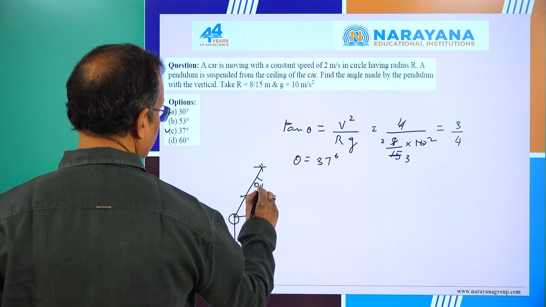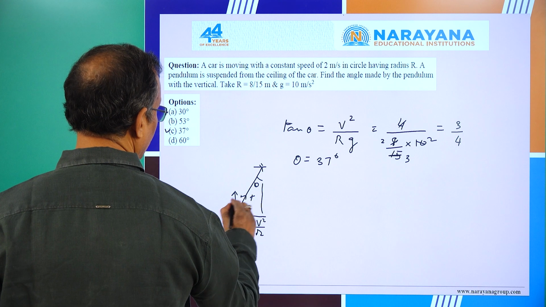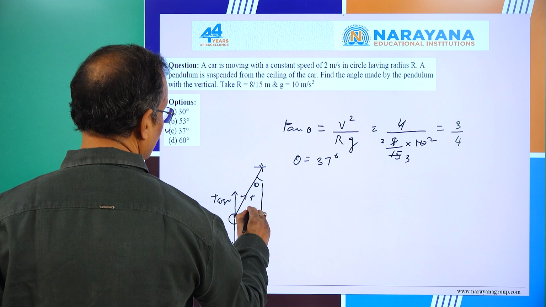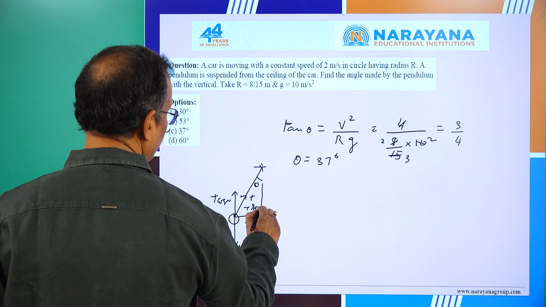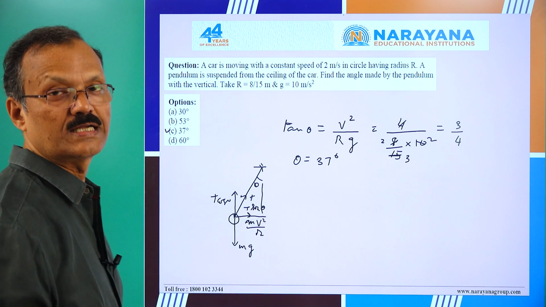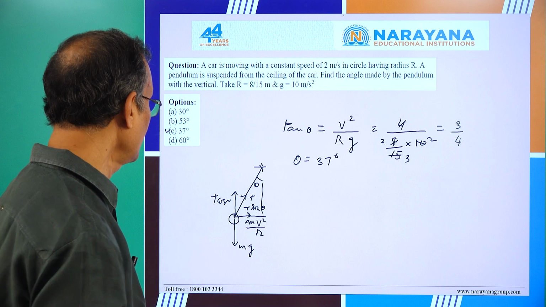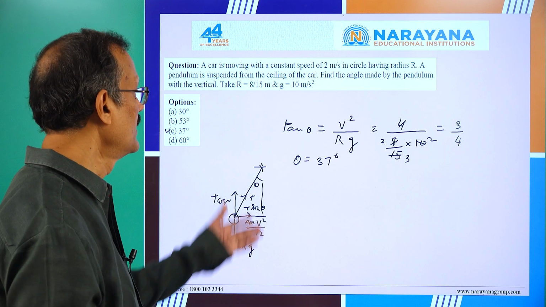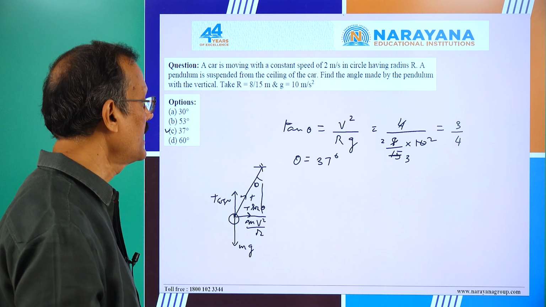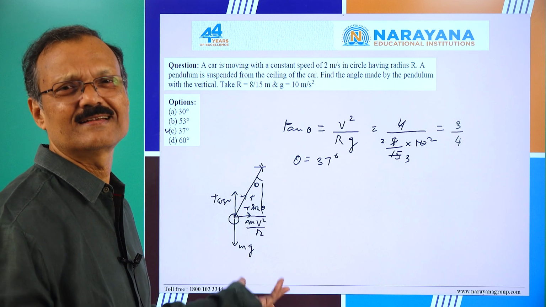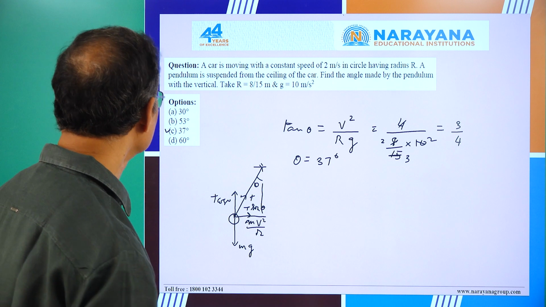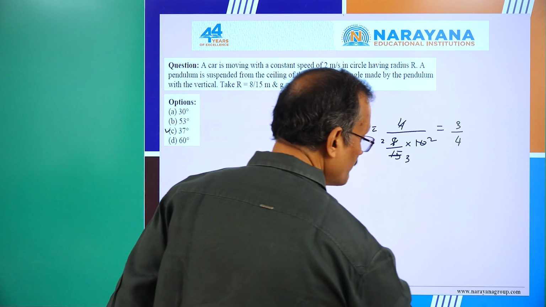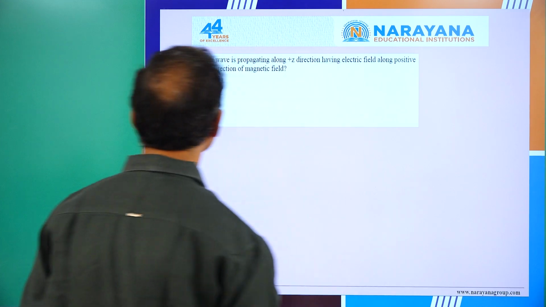If this angle is theta, here it will be T cos theta, and here it is T sin theta. T sin theta is giving you the centripetal force, and T cos theta is balancing mg. Take the ratio: tan theta equals v square by rg, which we directly know. So the answer for this question is C. Now let us move to the next question.